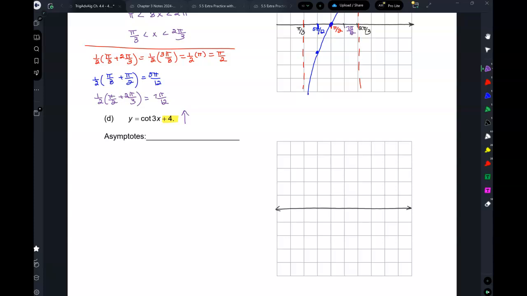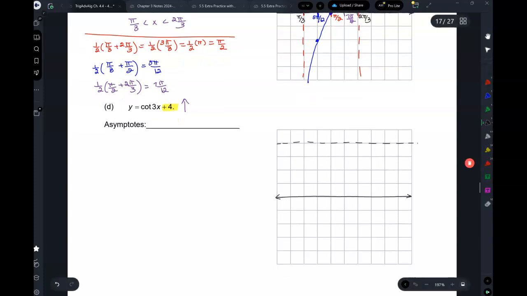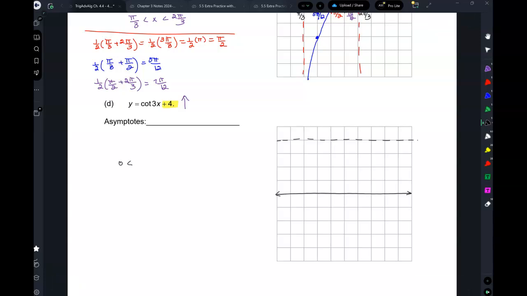So instead of it being on the axis here, go up 4 units, and we're going to put it here. Right? There's going to be a new axis there. Okay, we're going up 4. So now let's see. This is cotangent. Yeah. Because it's like an imaginary new axis.